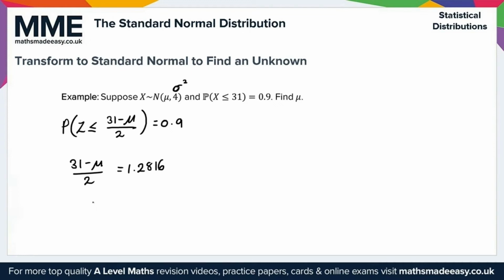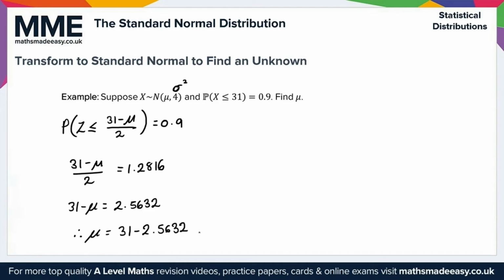Okay, so now we just want to solve for mu here, so we times by 2. So we get 31 minus mu is equal to 2.5632, and therefore mu is equal to 31 minus 2.5632.